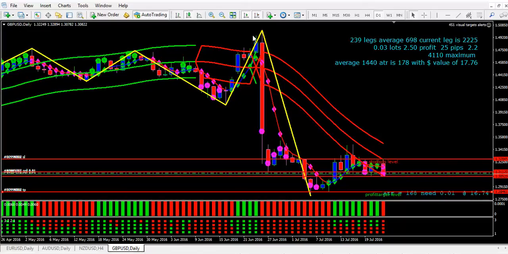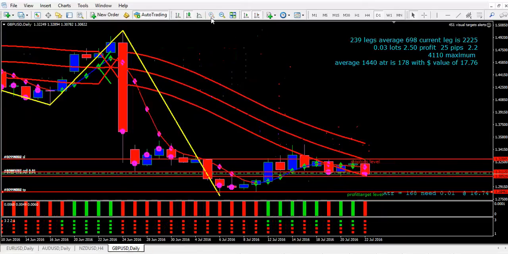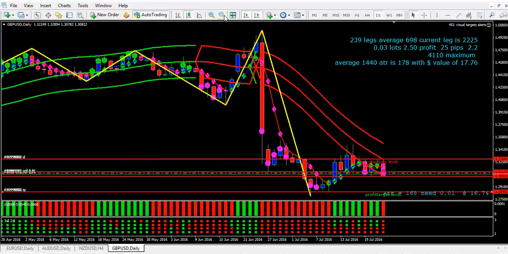One other thing I wanted to mention: the other day I said something about taking the first signal. Most of the time it seems to me that you need to take the first signal. So here, everything red, red, red.